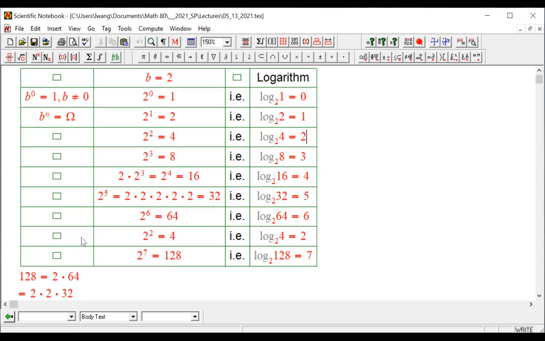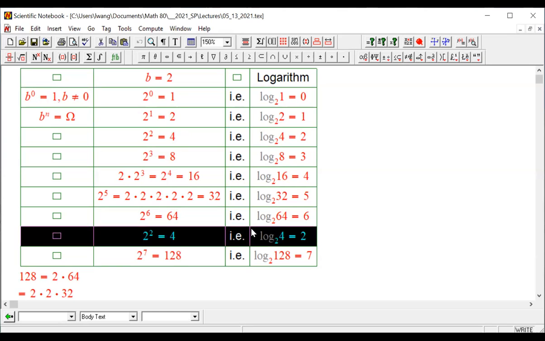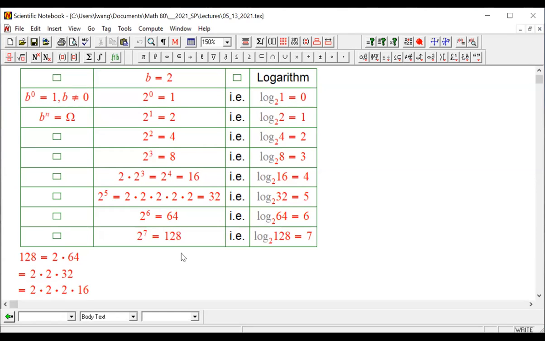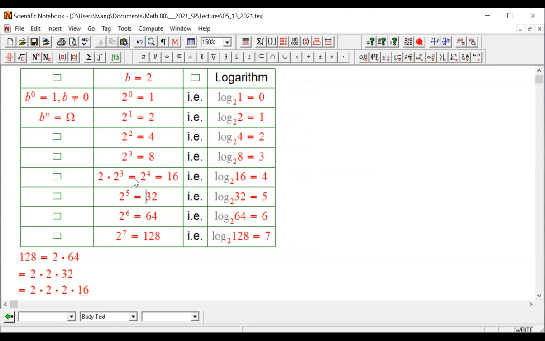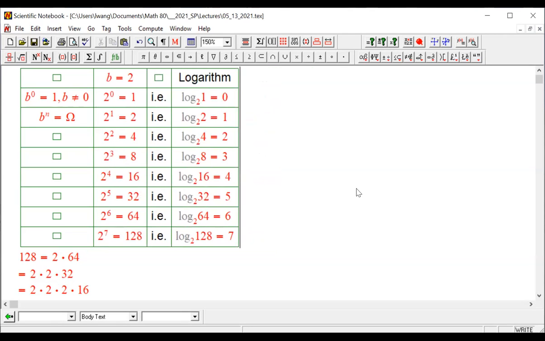So I'm going to move this to that place because I want you to observe some patterns: 2, 4, 8, 16, 32, 64, and so on and so forth, right?